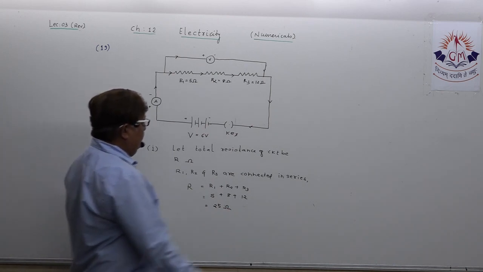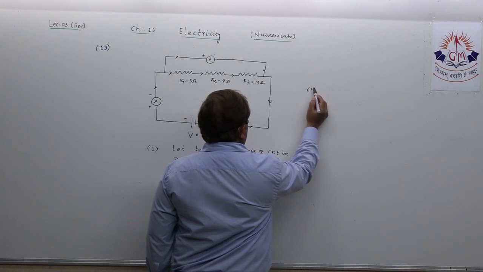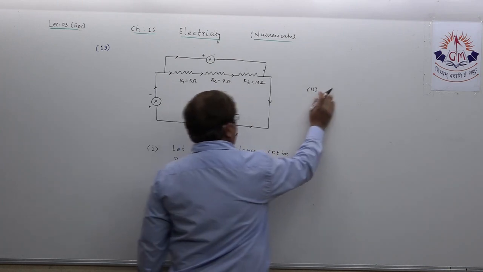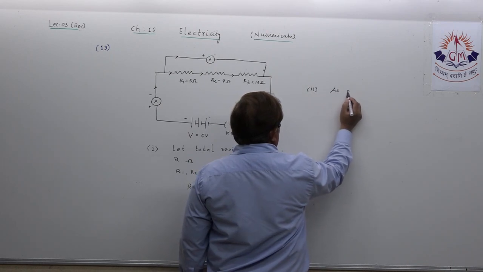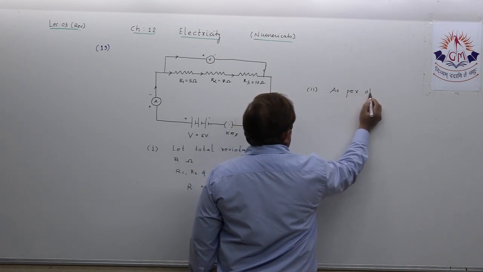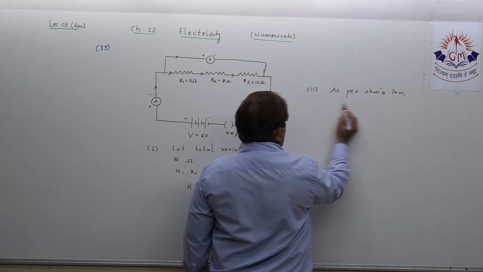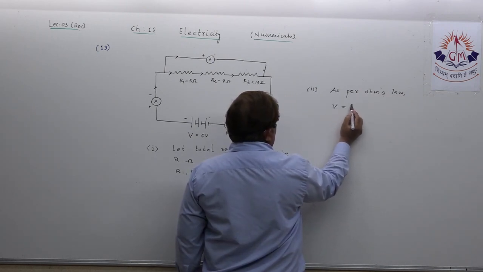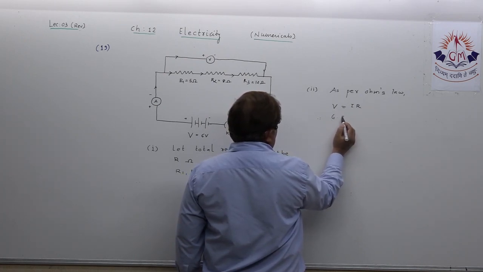After you got the total resistance of the circuit, you just have to apply Ohm's law, and you need to develop the practice of writing this statement every time you apply Ohm's law. V equals to I into R. V you know 6.